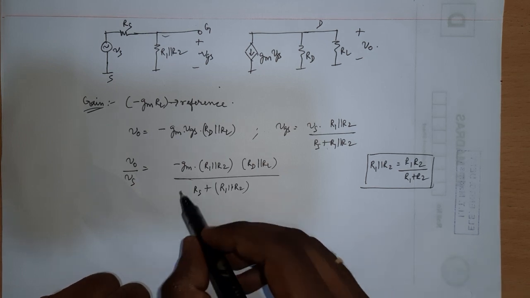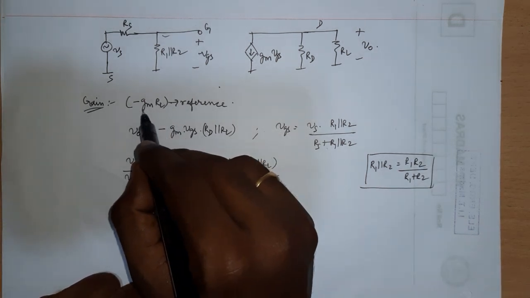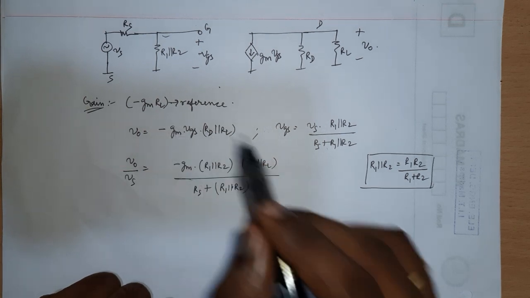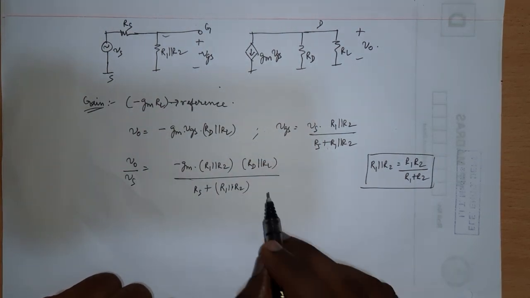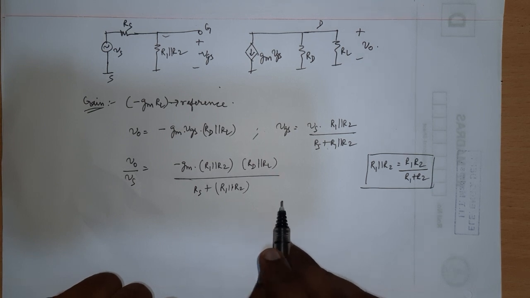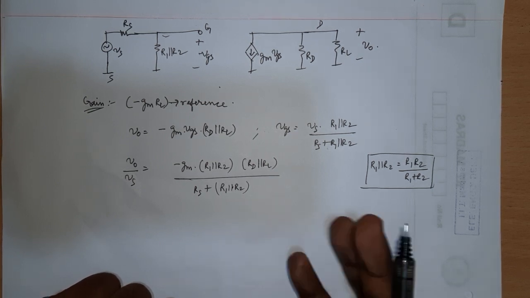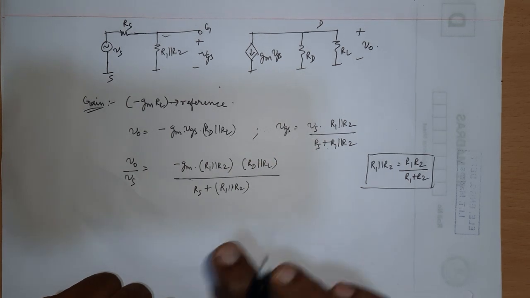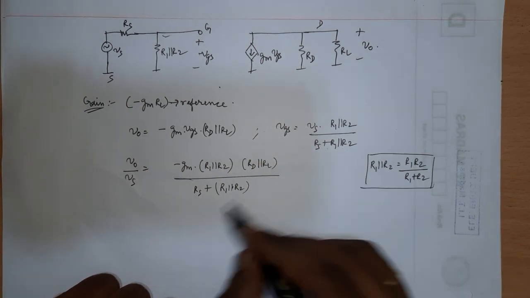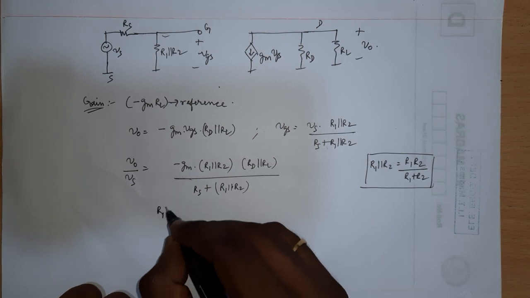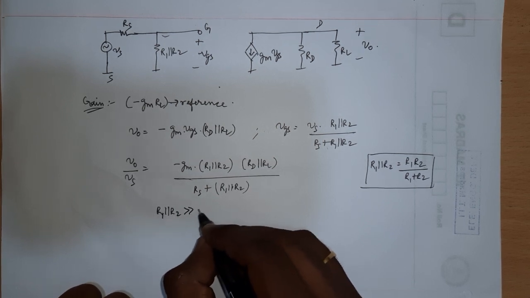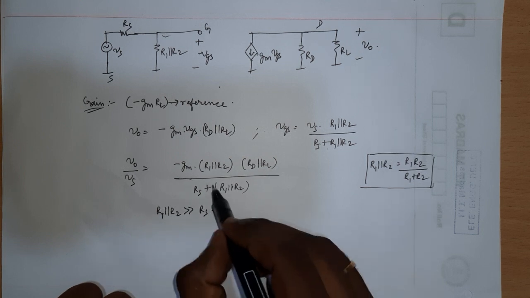So now you see, I actually had a reference of minus gmRL, but what I have is far different from minus gmRL. But under some intelligent approximations, or careful choosing of the resistance values, you could still achieve minus gmRL or very close to that. First, if I choose R1 parallel R2 much larger than RS, what happens?